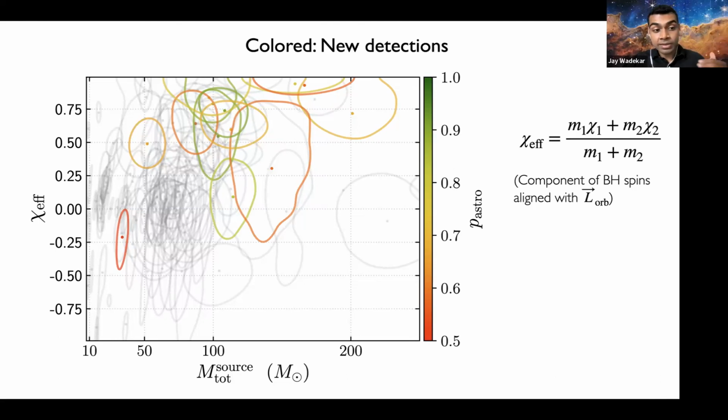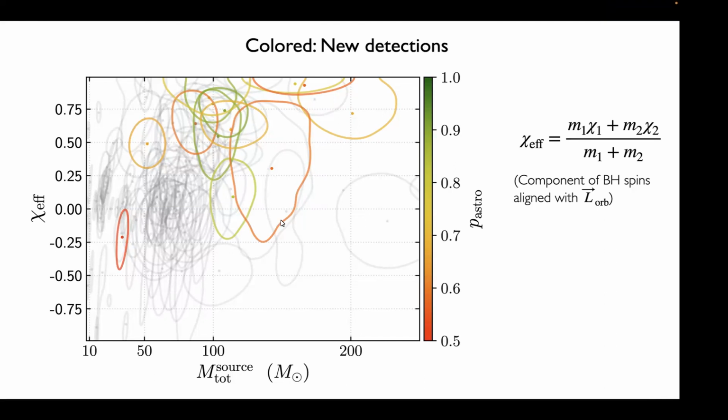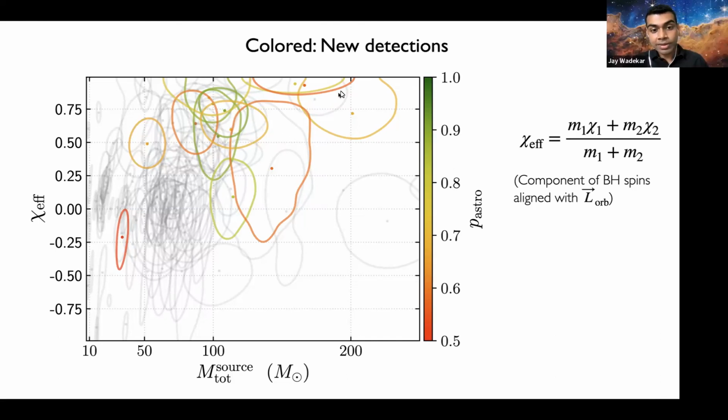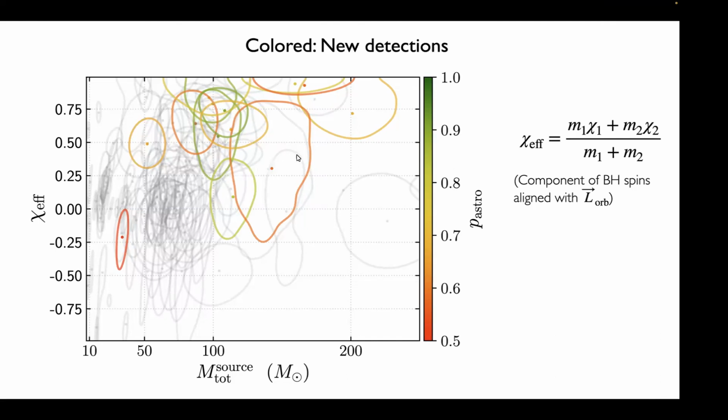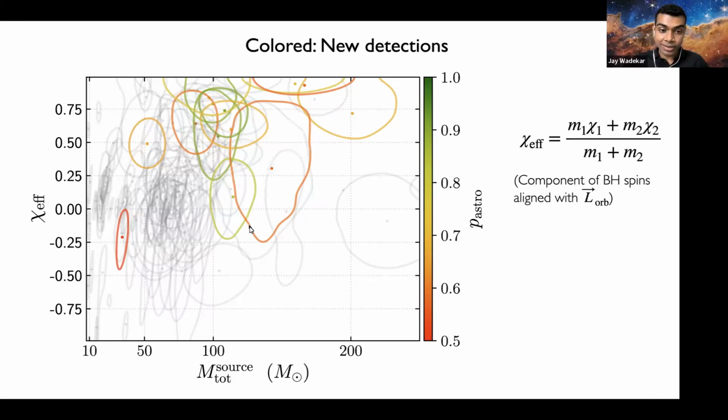You mean the chi effective is not zero? Well, I'm thinking it's closer to zero. Yes, for some of them. But these are 50% confidence levels, and some of them do not have zero within 50% confidence, or even 90% confidence if I increase these contours.